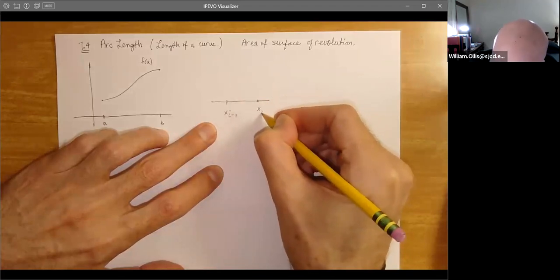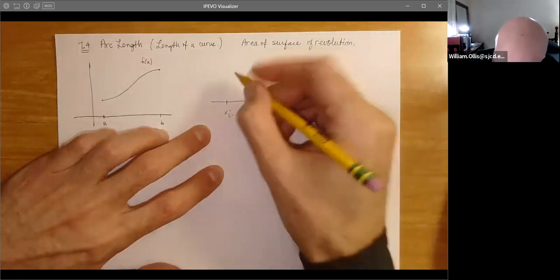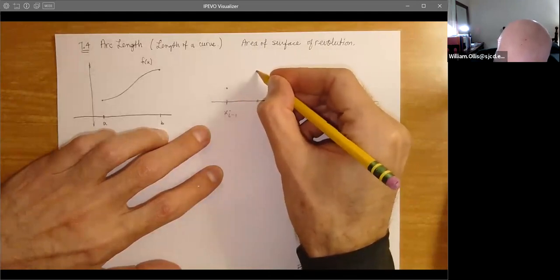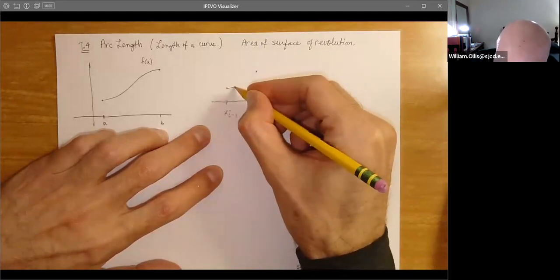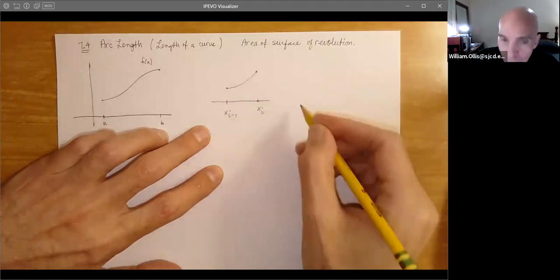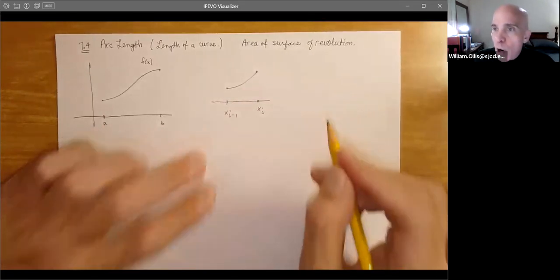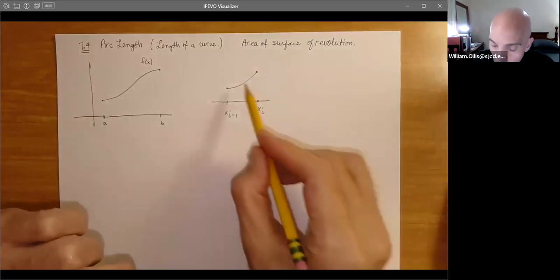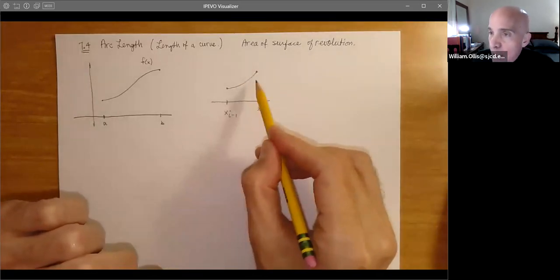That's the i-th subinterval. And so now what we want to do is just draw in our curve for that little piece. Say the curve looks something like this at that piece. And so what we're going to do is we're going to use the hypotenuse of a right triangle to approximate the length of this.